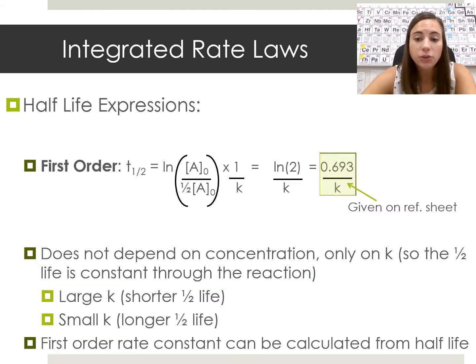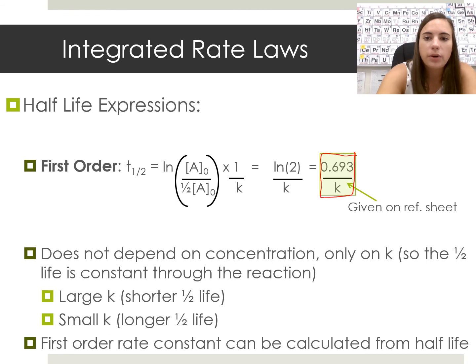So for first order, if I plug in these variables of half-life and 1/2 the initial concentration, I do all this simplifying, which you really don't need to worry about because you're given this on your reference sheet. So for first order, the half-life of a first order reaction is equal to 0.693 over K. So you can look here and see how we simplify to that.